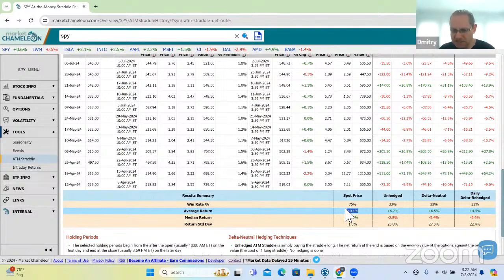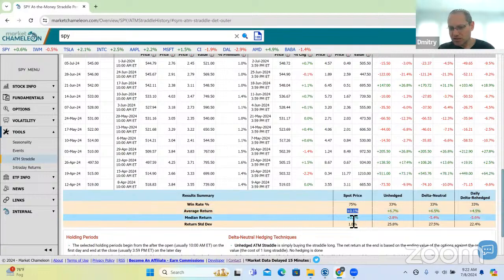So what is the median return? The median return here is 0.2%, meaning half of the observations were below 0.2%, half of them were above 0.2%. Okay, that's the median. And then we get a standard deviation around those returns.